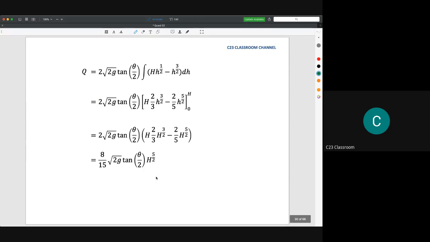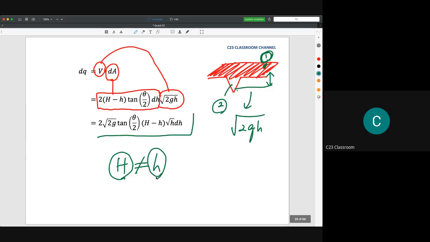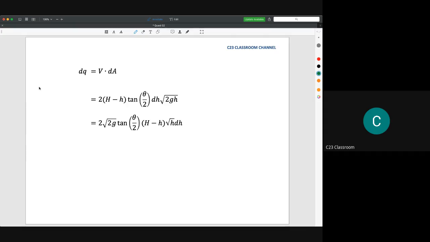So, and then now we have Q. I'm sorry, the equation here is actually about the dq. dq means the flow rate for the small area. Means the flow rate only for that. So we have a V here, so the flow rate for this small area.